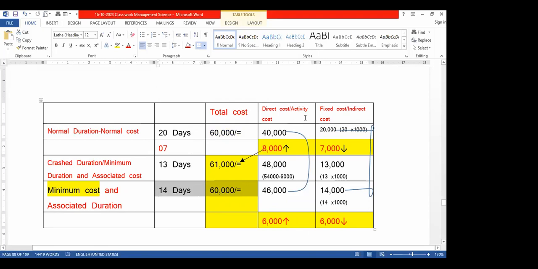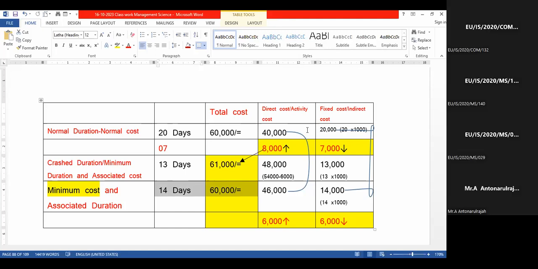Because of these two components in the cost, they are adjusting in a different way between themselves. Therefore, this has happened. So that's how it's solved.